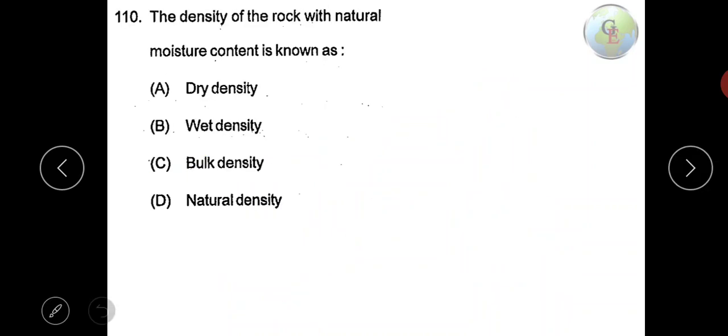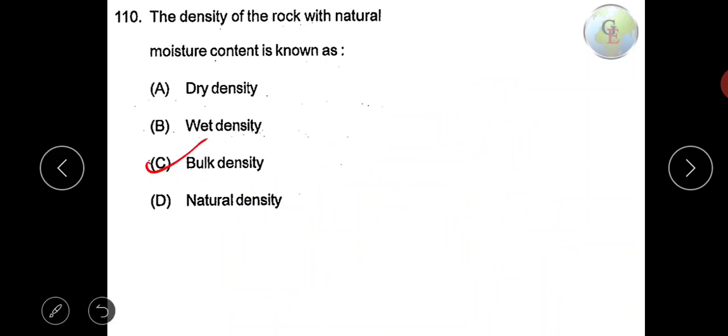Next, the density of the rock with natural moisture content is known as: option 1 dry density, option 2 weight density, option 3 bulk density, and option D natural density. As you know, the one with natural moisture content will be bulk density.